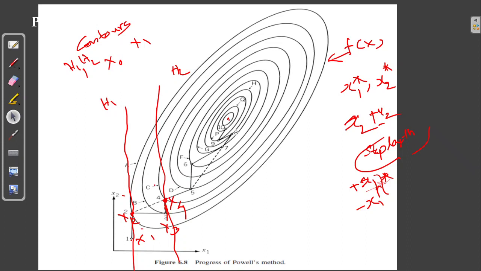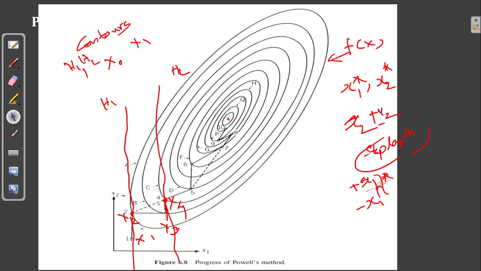Here such points are x4 and x2, okay, because x4 is the final point and x2 is the final or new point in this hyperplane h1.